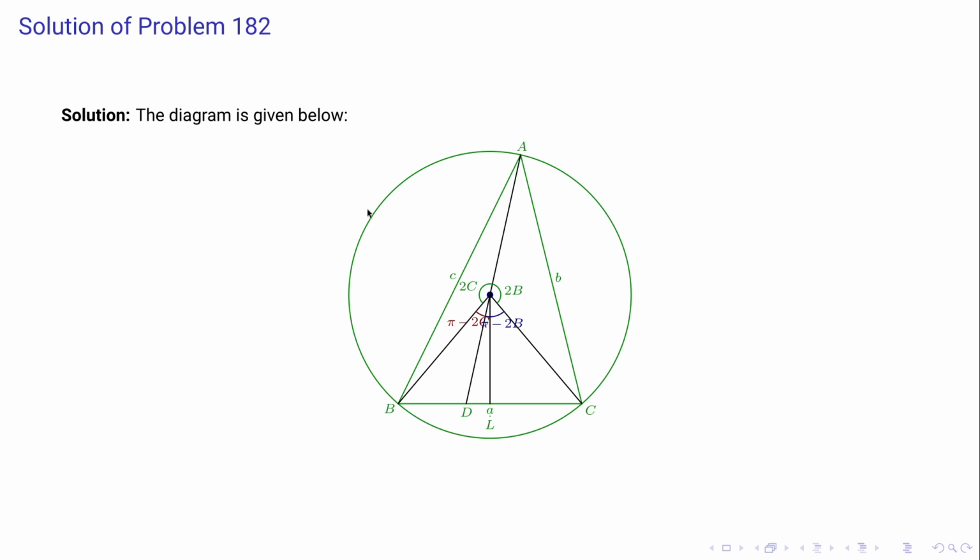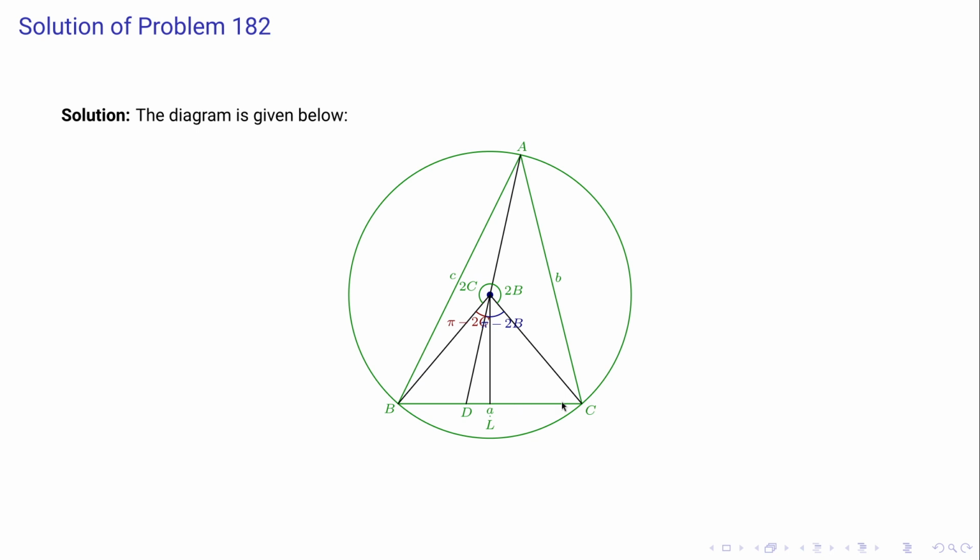We have the circumcircle of triangle ABC as shown in the diagram. This middle dot is, let's say, O, which is the circumcenter. So OA is equal to OB equal to OC, which is the radius of the circumcircle, also called the circumradius.